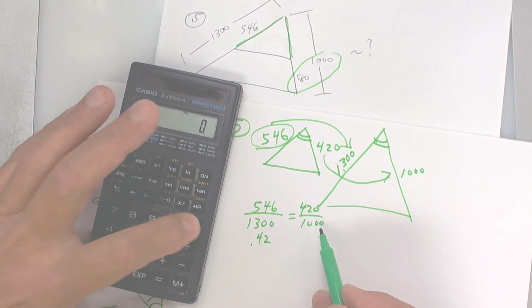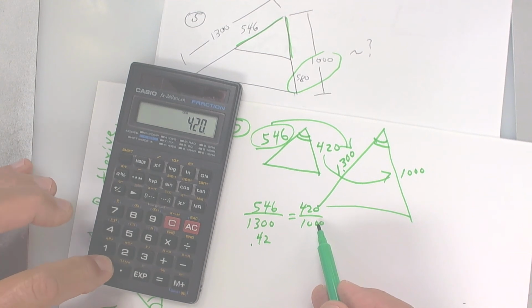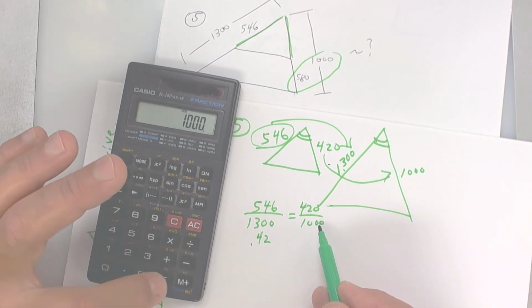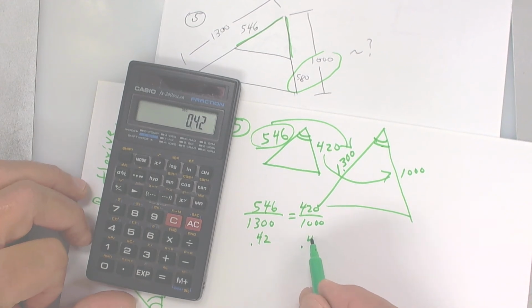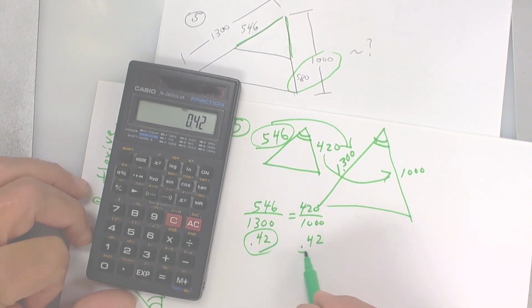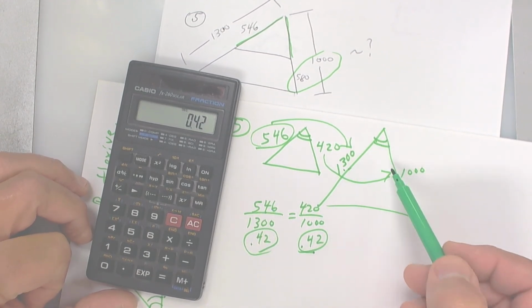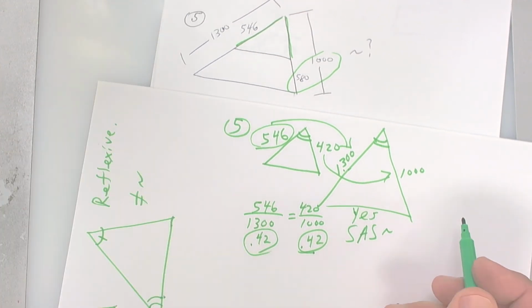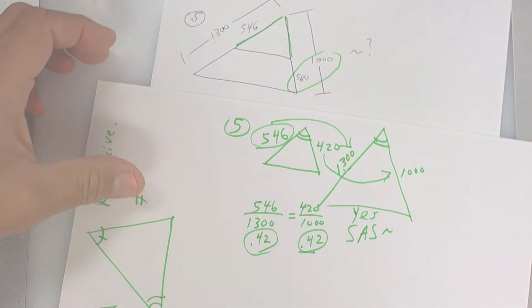Let's see if we get 0.42 here. So 420 divided by 1,000, I get 0.42. So since I get the same scale factor, it's going to be side angle side similarity. So the answer is yes, side angle side similarity.